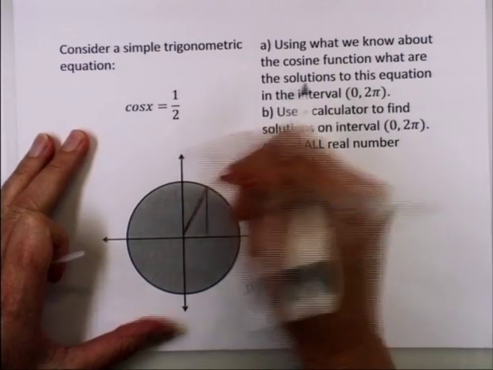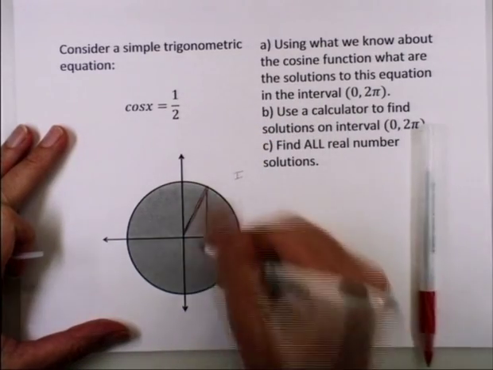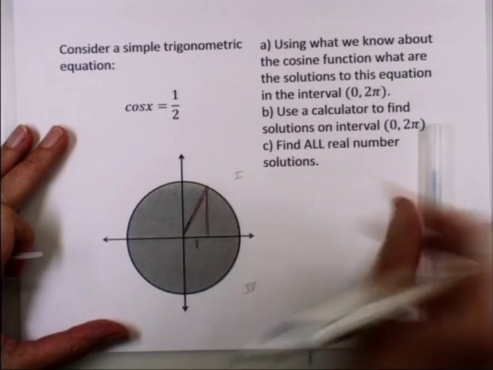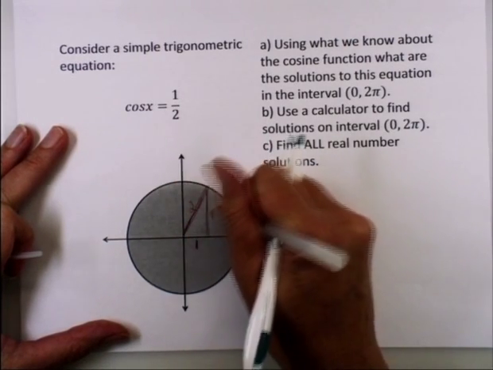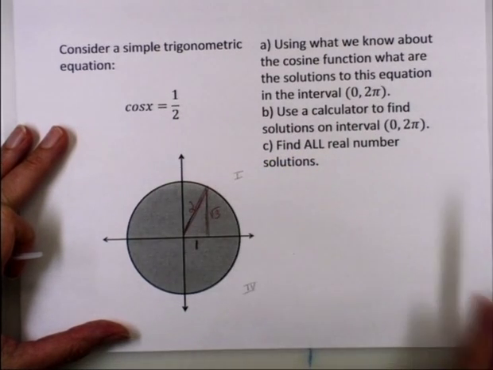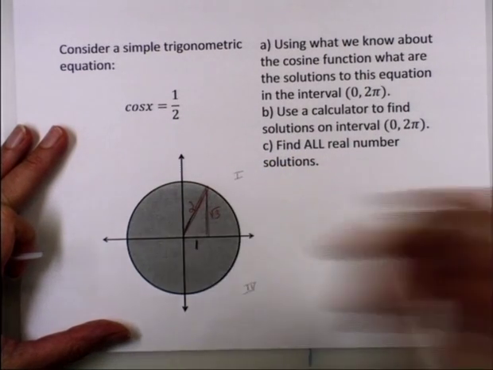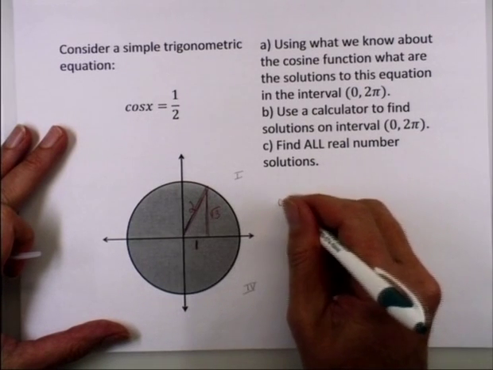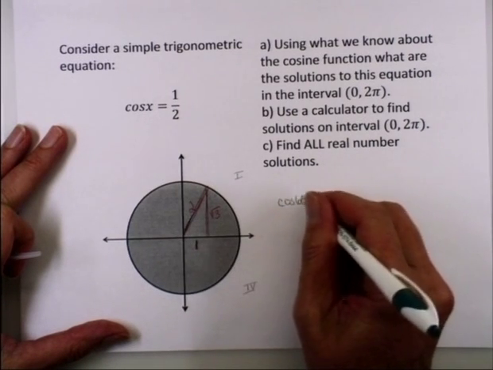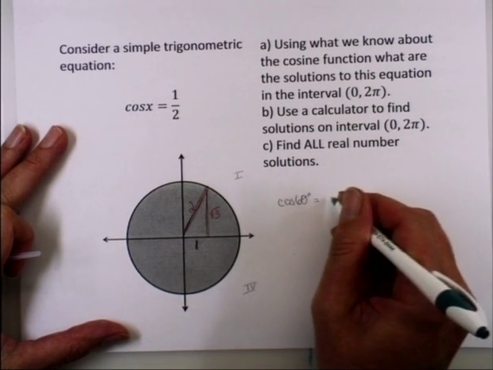So I draw a reference triangle in there. And if this side is 1, this is 2, and this side is radical 3. I know that's hard to read, but you should already know that anyway. So I know that the cosine of a 60-degree angle is equal to 1/2.